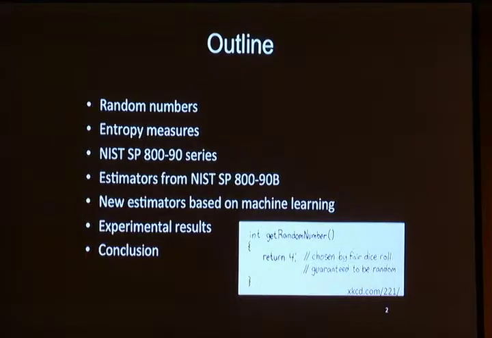This is part of the work we do on the special publication 800 series. SP 800-90B includes a couple of entropy estimators, and now we are trying to study more on them, and we want to add new estimators to this document. Today I'm going to present these new estimators, which are based on some machine learning techniques, and I'm going to present some experimental results and conclude the talk.